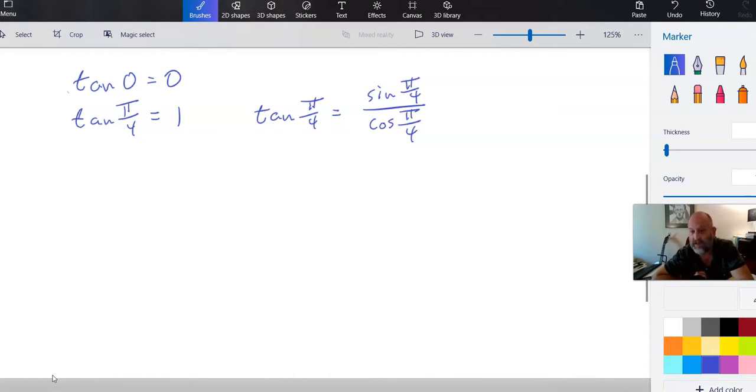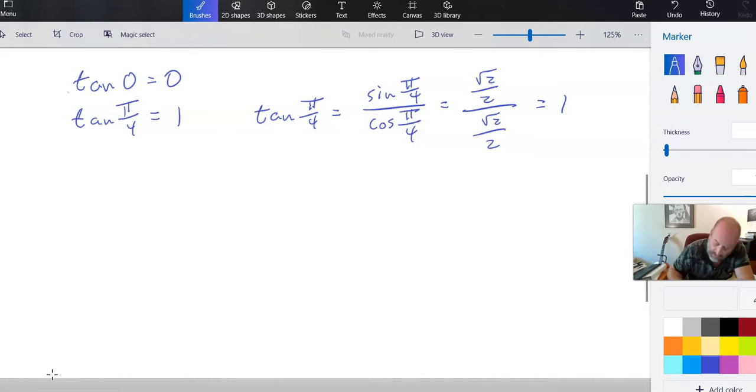And both sine and cosine pi over 4 are the same value. They're root 2 over 2. Right? Well, I'm dividing a number by itself. That gives us 1. So you can work out tangent this way. It actually works out kind of nice. And then the other important value was that tangent pi over 2 is undefined, right? That's where our asymptote is.